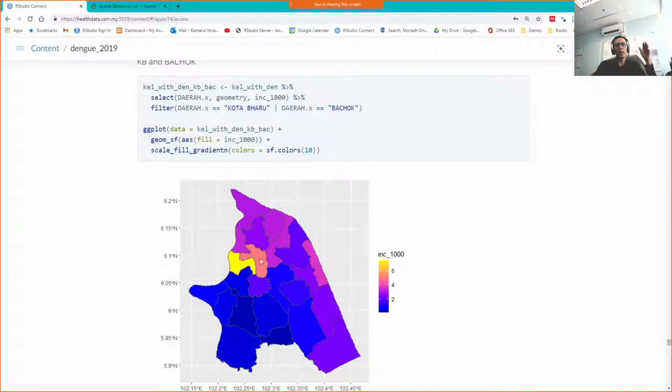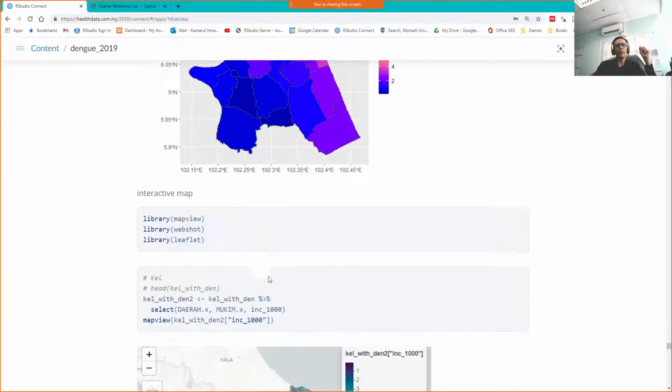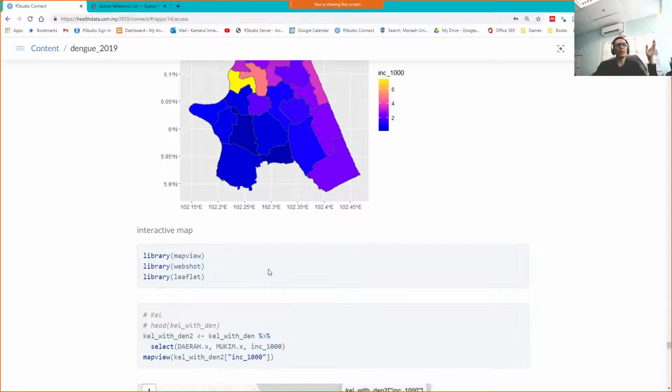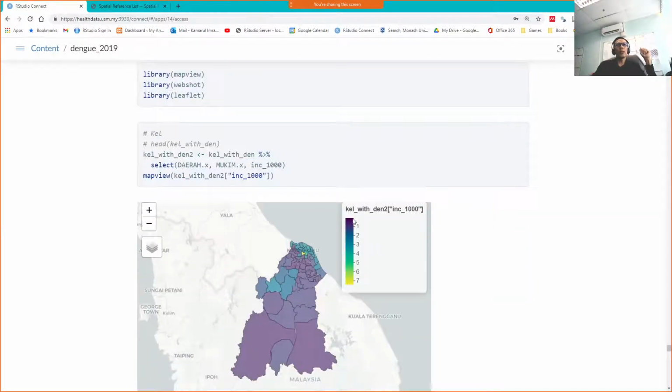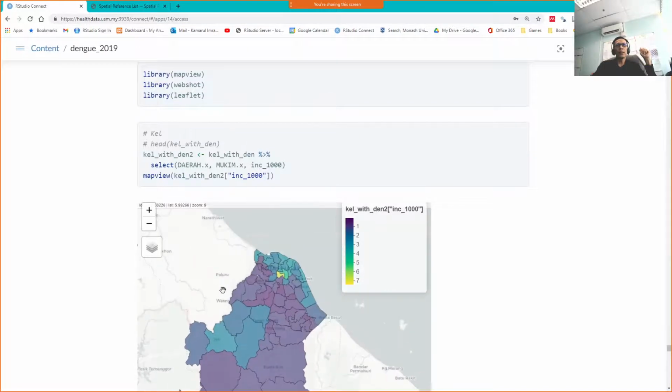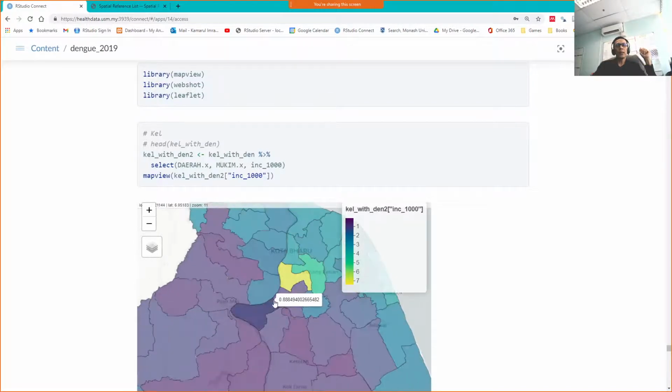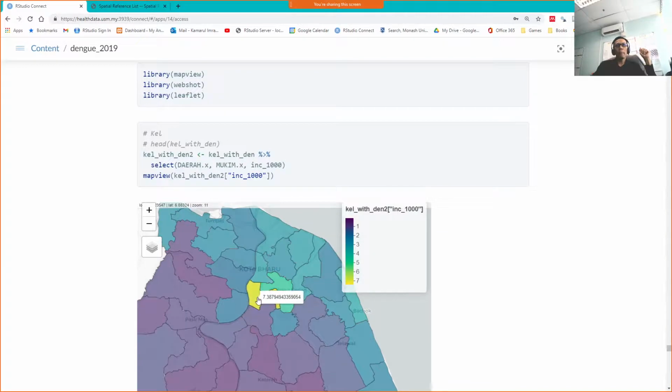There are two areas with strikingly high incidence per 1000 population for dengue. These two areas, okay? The rest are more or less the same. So I use mapview. By using this, I can go and see which area.